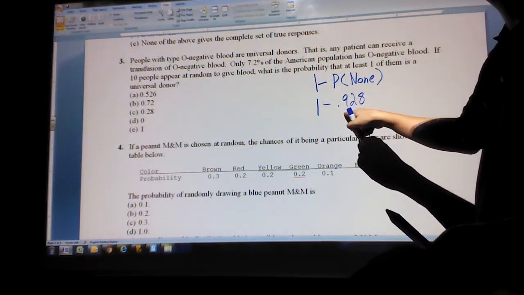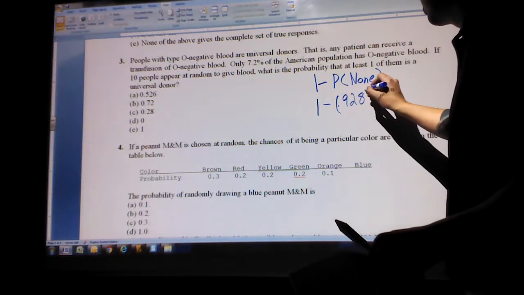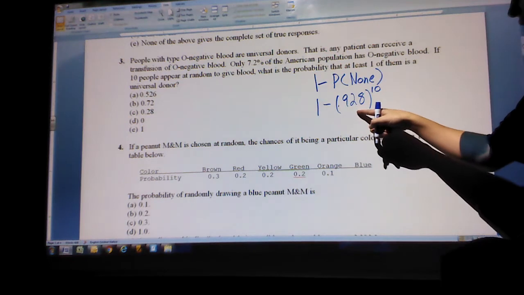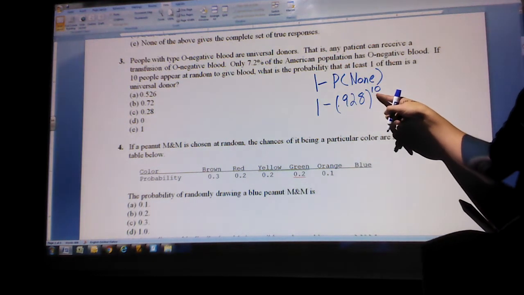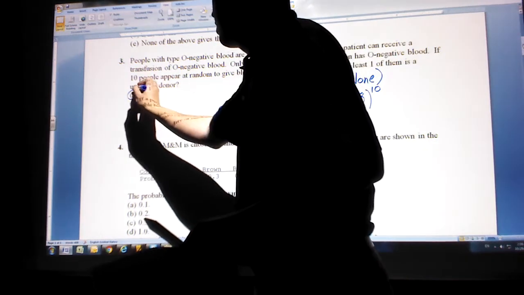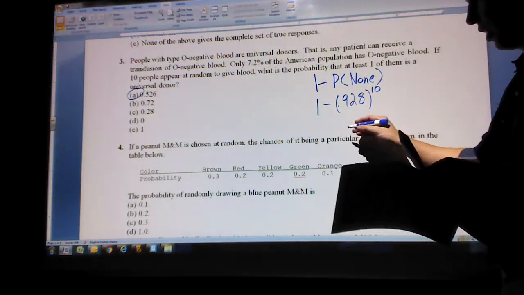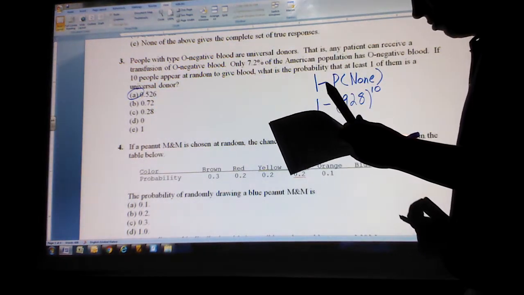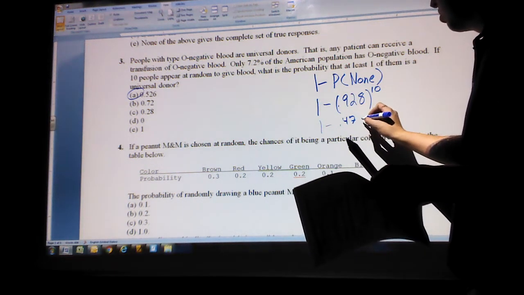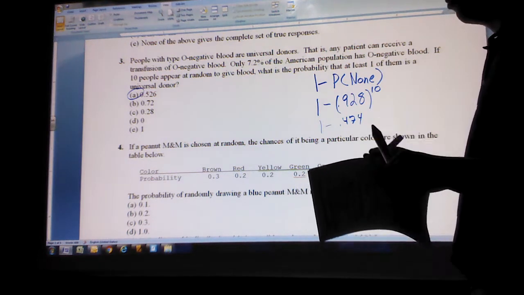And I need 10 of those in a row, so I'm going to raise it to the 10. So this is the probability that they do not have O negative blood, and I need 10 of those in a row. Correct answer, I believe, turns out to be A. I take this and subtract it. I get 1 minus 0.474, I believe. And I subtract that from 1.